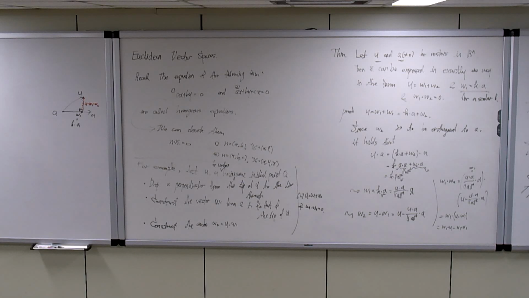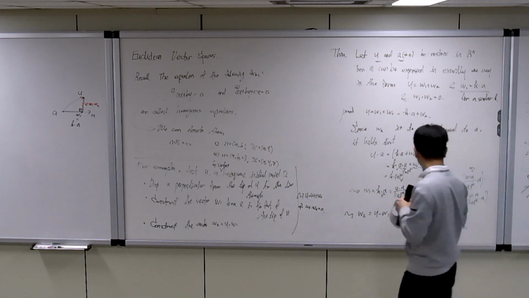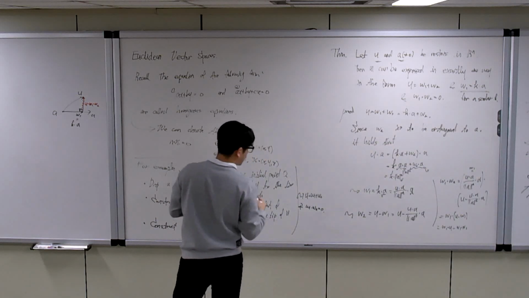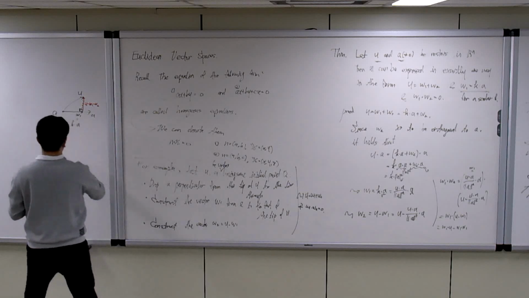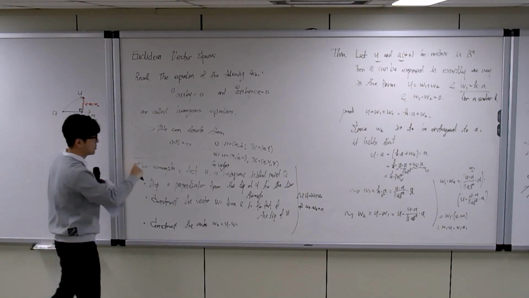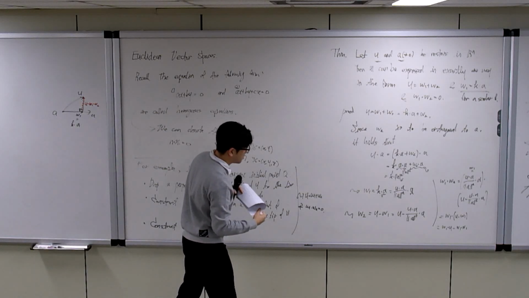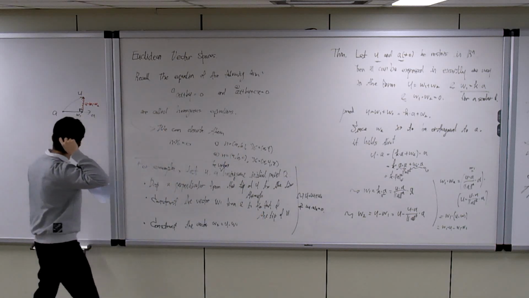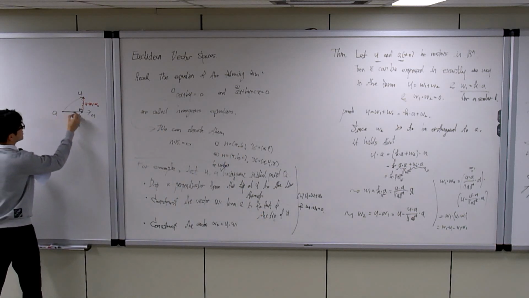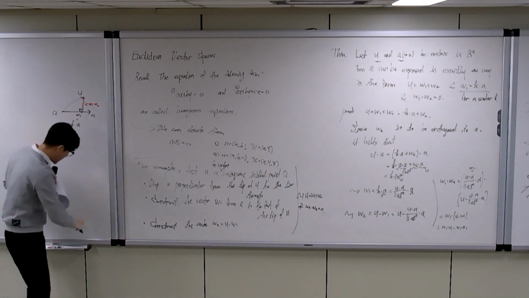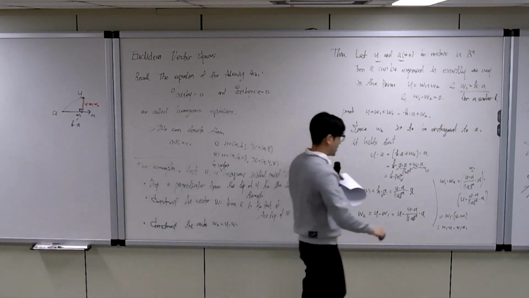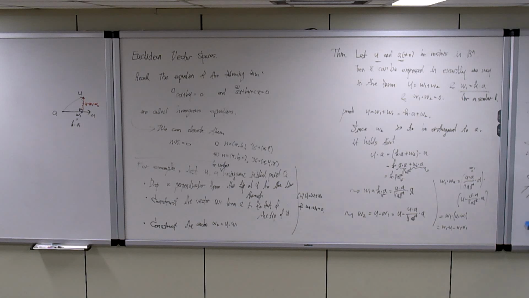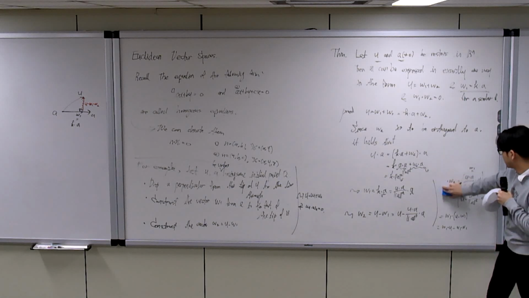U vector minus w1, w1 and w2. If we calculate w1 as k times a, we can denote it differently.